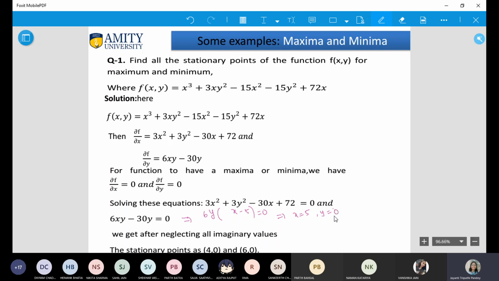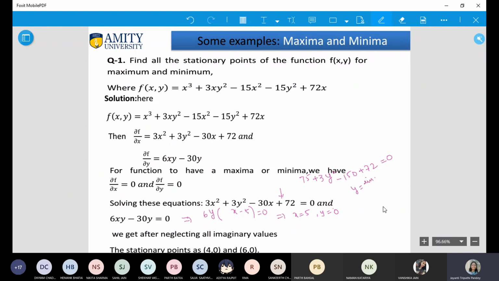Okay, let's see. If we put x equal to 5, what do we get? 25 threes are 75 plus 3y square minus 30 into 5, 150, plus 72 equals 0. That means we are getting y as imaginary.